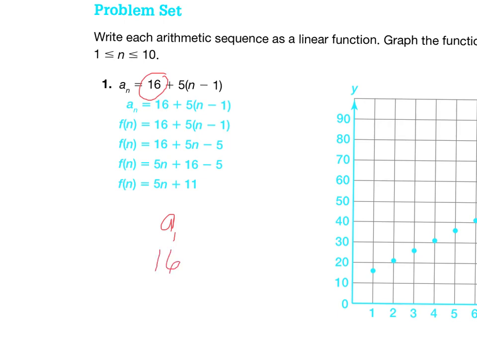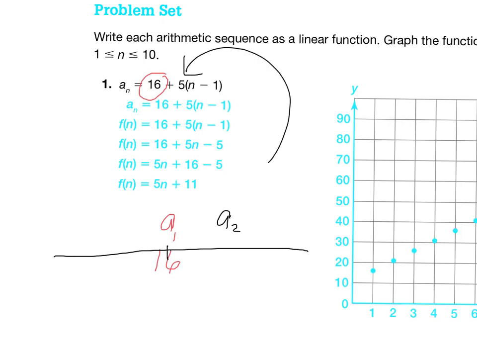So if you want to think of it like in a number line, here's 16. And the second term, the common difference is 5, so it's going to be 16 plus 5. That gives you 21.